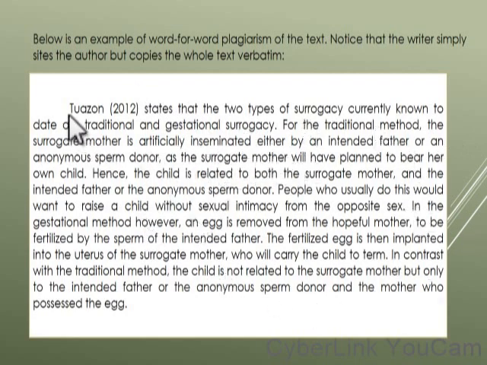Though he gave the information of the source, which is Tuason, and the year when it was published, it is still word-for-word plagiarism, getting the idea of another source completely.